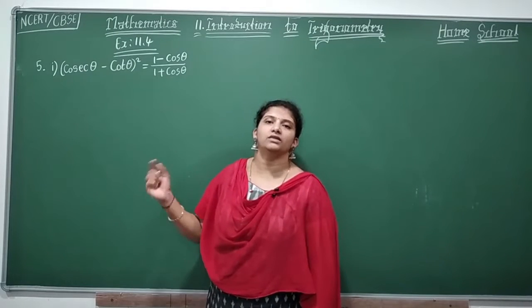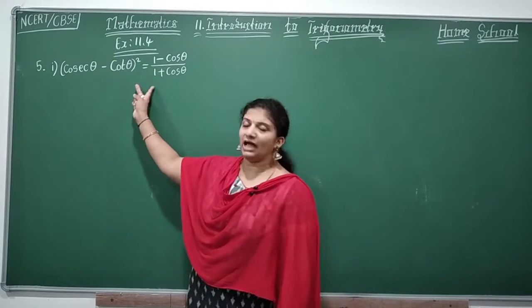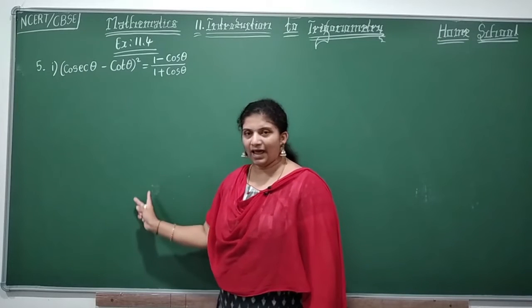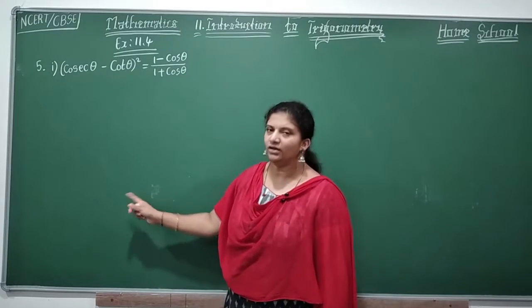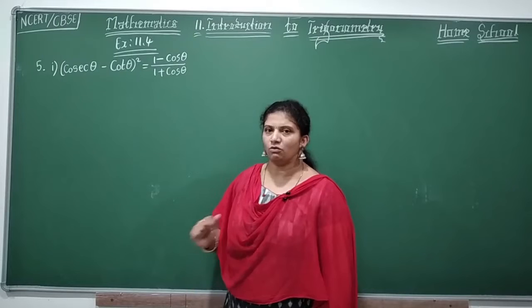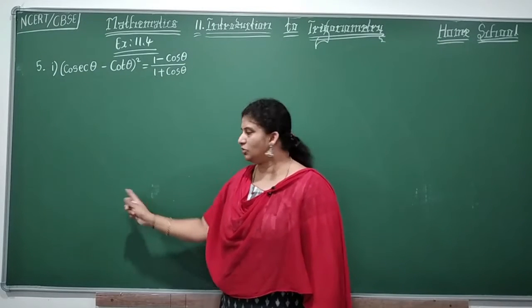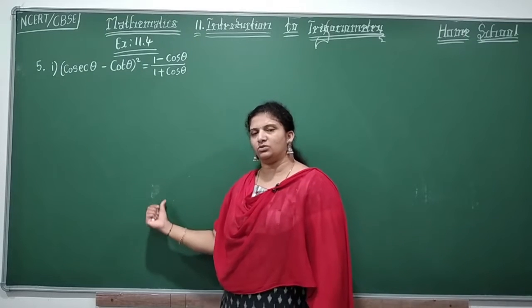And your third method: at a time, you can take LHS and RHS and simplify both to get the same answer on both sides. When you are doing both at a time, you will get the same answer on this side and this side also.